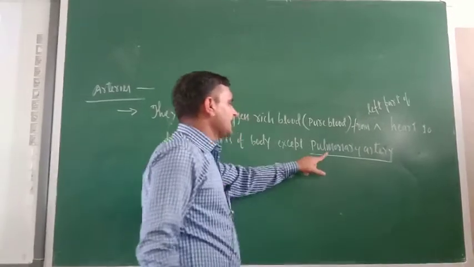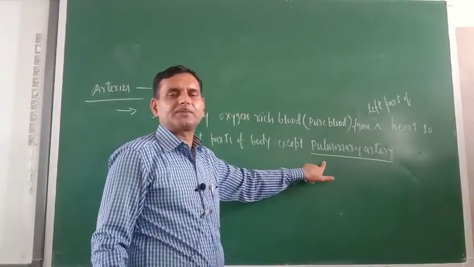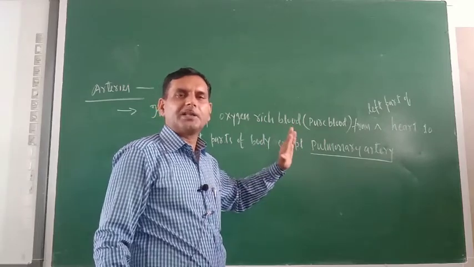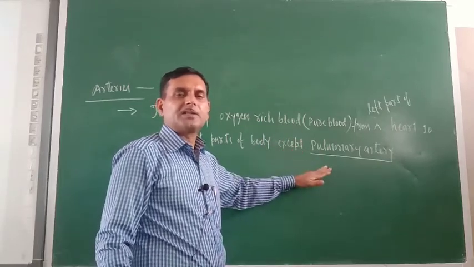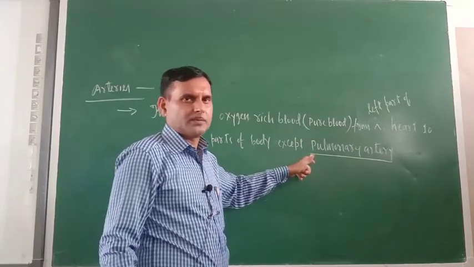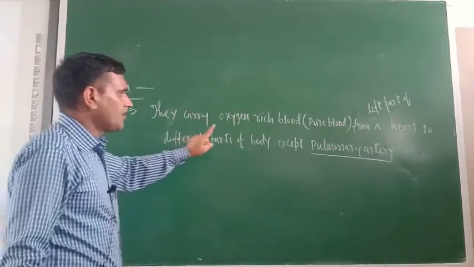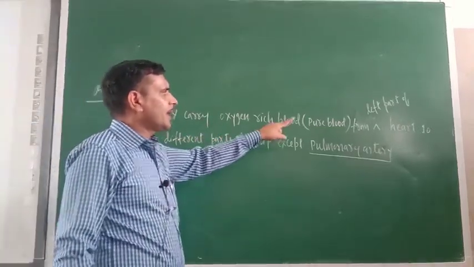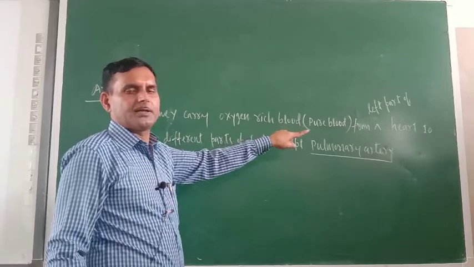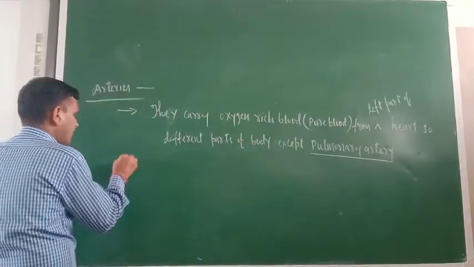This artery is carrying carbon dioxide rich blood. So this is the exception. All arteries carry oxygen rich blood, but this one carries carbon dioxide rich blood. And always remember, oxygen rich blood they carry from the left part of the heart, not the right part.